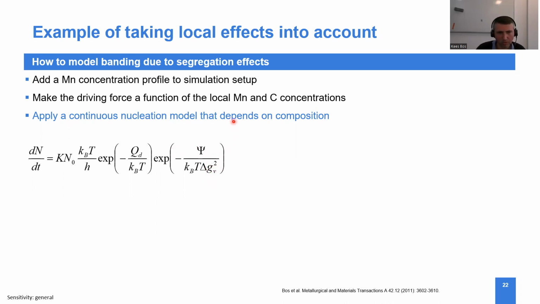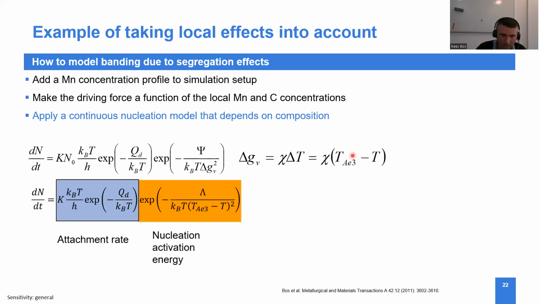Now we can actually simplify this equation a little bit by saying, well, this driving force probably can be written as a linear product of some prefactor times the undercooling, which means that we can actually combine the psi here with the psi to give us one lambda value that is a kind of nucleation activation energy.